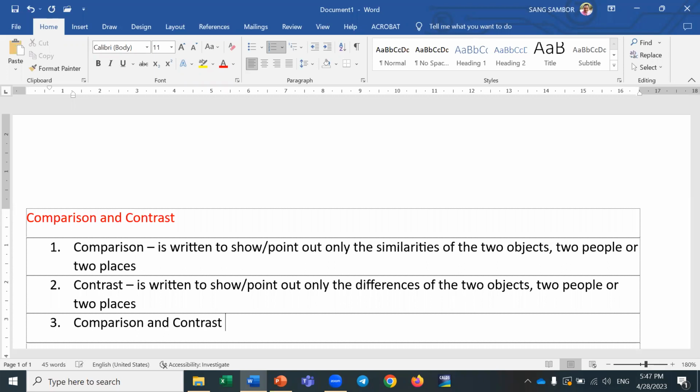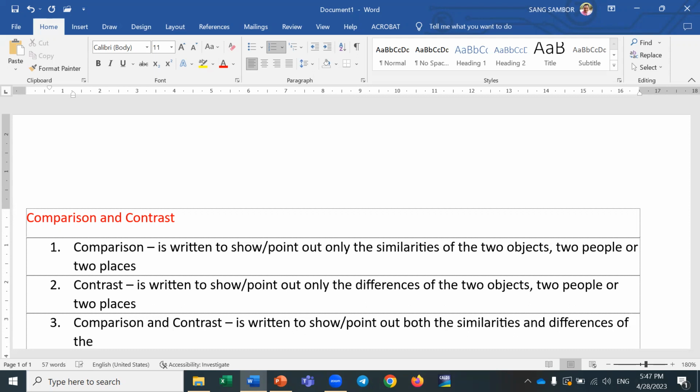But when you include both, both comparison and contrast is written to show or point out both the similarity and differences of the two objects, two people, or two places.